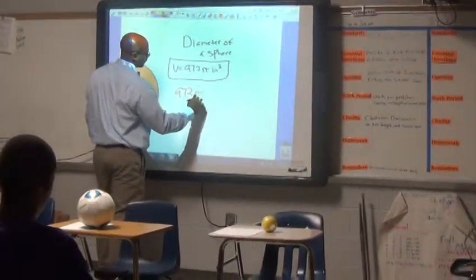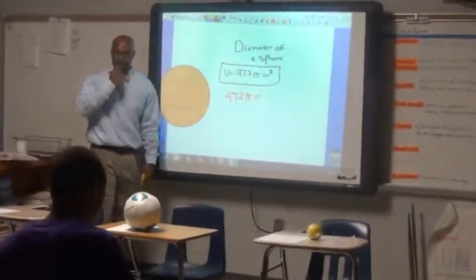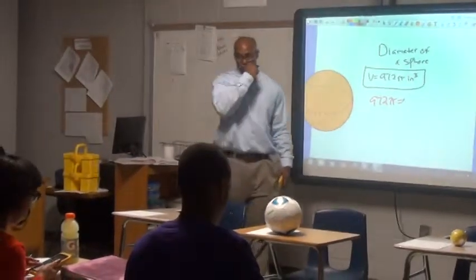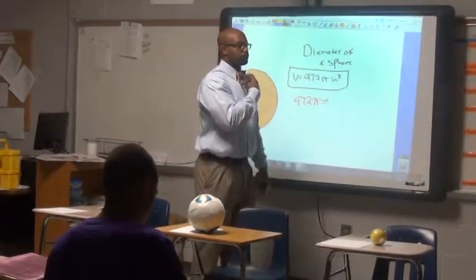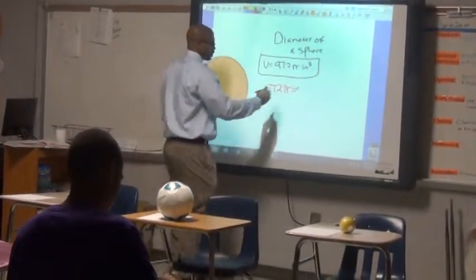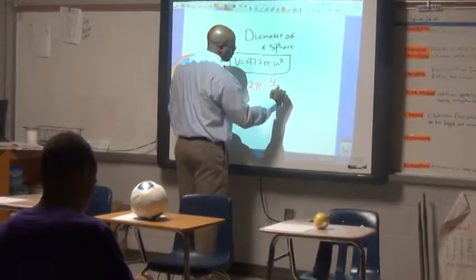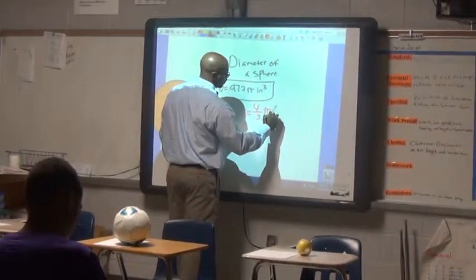972 pi equals what? What's the formula we just learned? Just wrote it down. 4/3 times radius cubed, right?